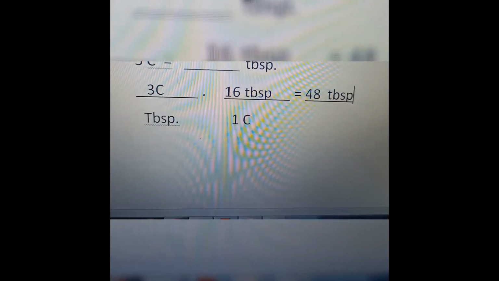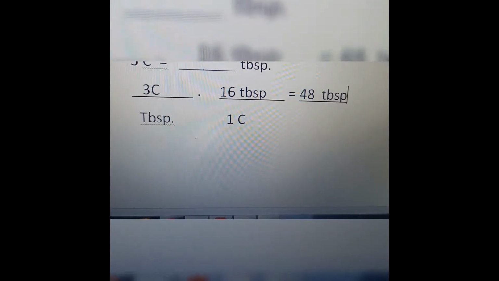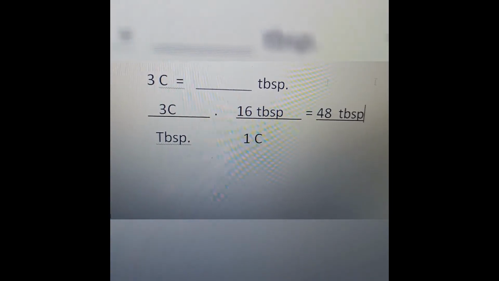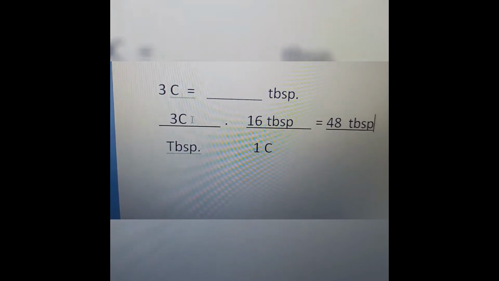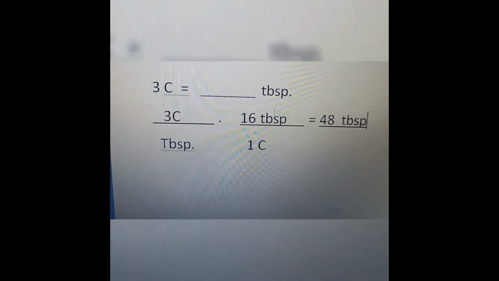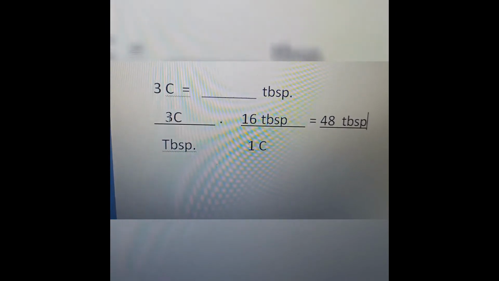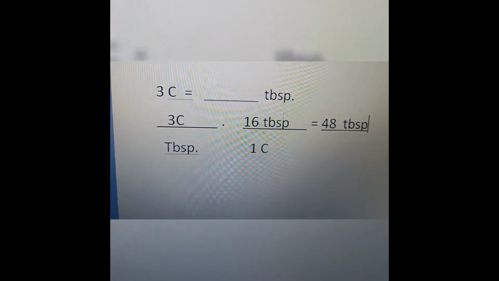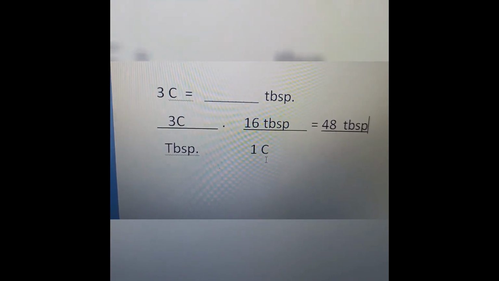Another problem, 3 cups is equal to blank tablespoon. You can also convert using this method. We are looking for the direct equivalent of cups to tablespoon. Since we found it, 1 cup is equivalent to 16 tablespoons. So 3 cups over TBSP or tablespoon times 16 over 1 cup.